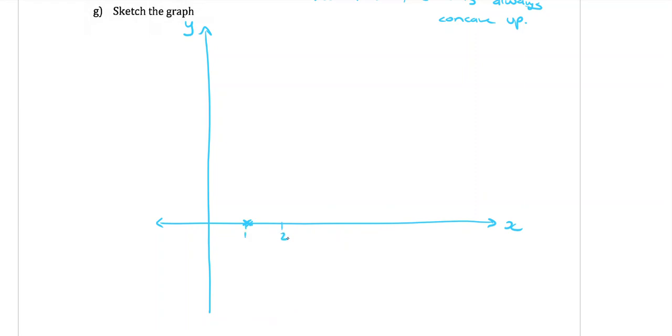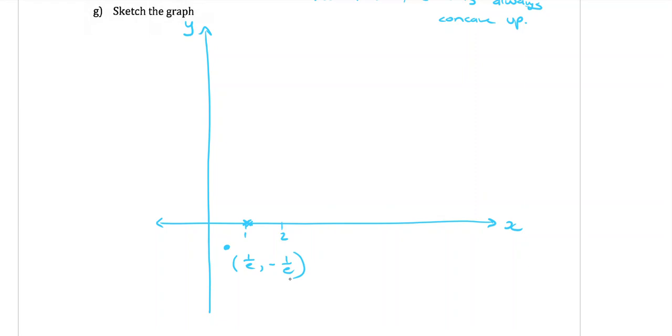I have a turning point, 1 over e, as an x value. It's about a half. 1 divided by e is 0.37. Anyway, close enough. It's going to be down here, because negative 1 over e would be the negative version. So this point here is 1 over e, negative 1 over e.